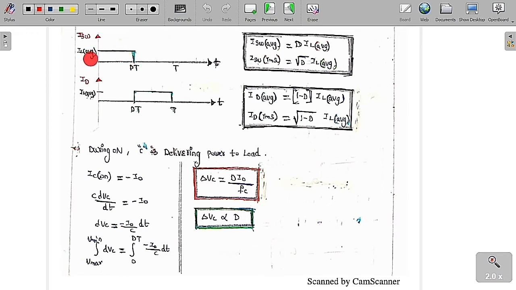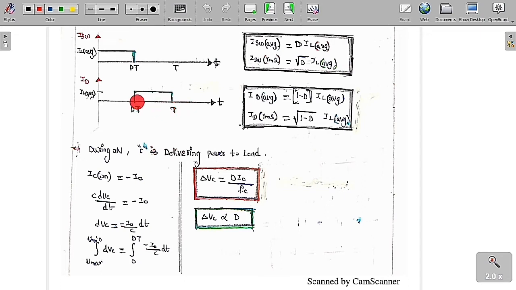So therefore, this is IL average. Whatever the average value of the inductor current is also flowing through the switch. Whenever the switch is open, its current is equal to 0. So therefore, the average value of the switch current is equal to IL average into dt by T. We are going to get d into IL average. Similarly, the RMS value of switch current is equal to IL average into under root of dt by T. Dt cancels, we are going to get root d into IL average.